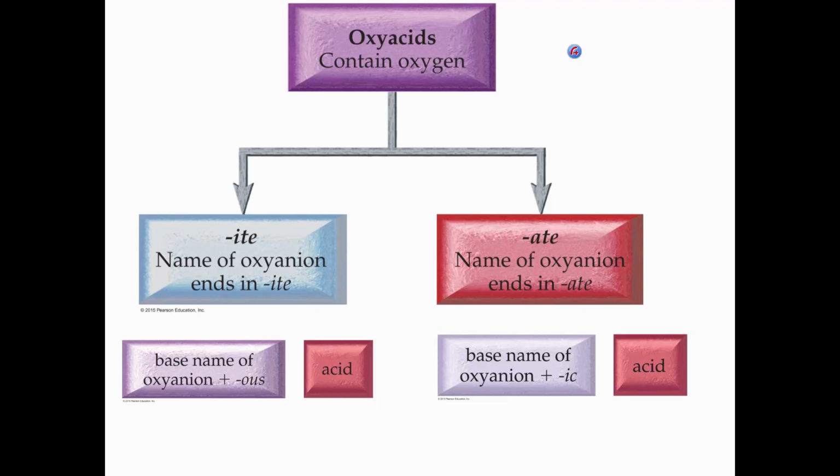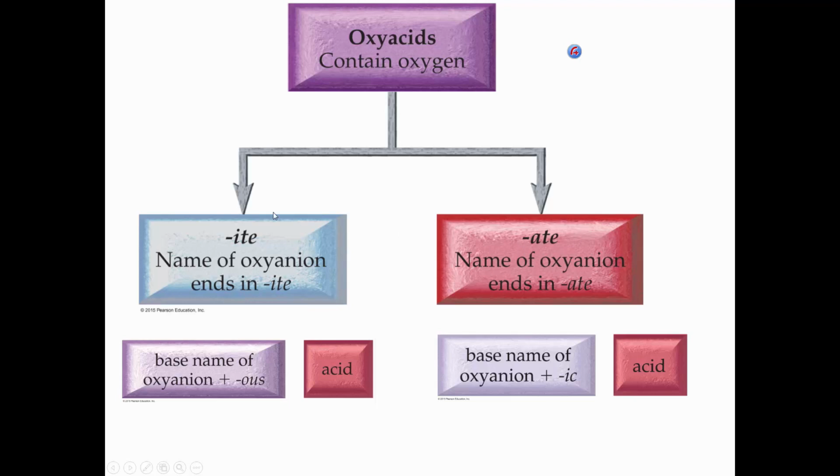Okay, for the oxyacids, these contain oxygen. The name of the oxyacids is related to the name of the polyatomic ions which they are derived from. So if you look at the polyatomic ions, you can look at the ending of the polyatomic ions. Some of them end with ITE, some of them end with ATE.